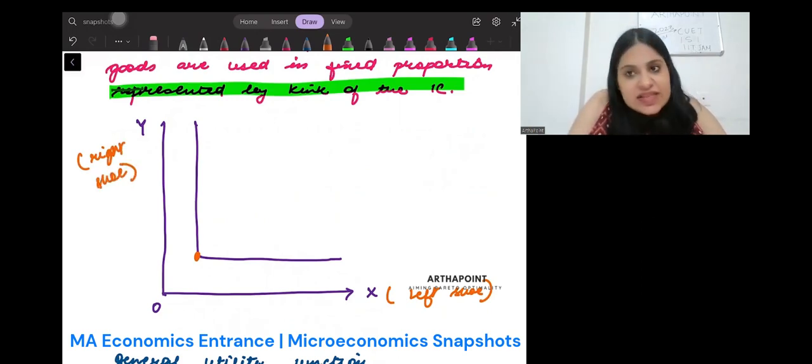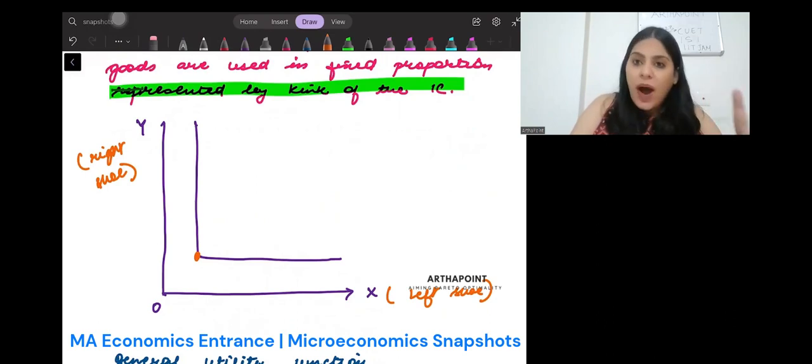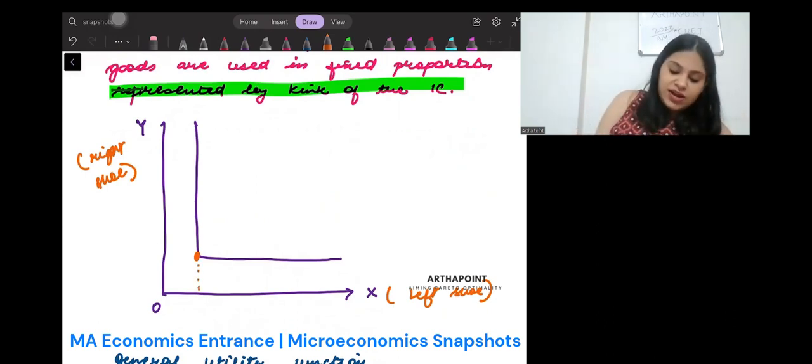We know that at this kink, the left shoe and the right shoe will be used in the ratio of 1:1. That means if I want to consume them together, I would need one left shoe with one right shoe. So I need one left shoe along with one right shoe.